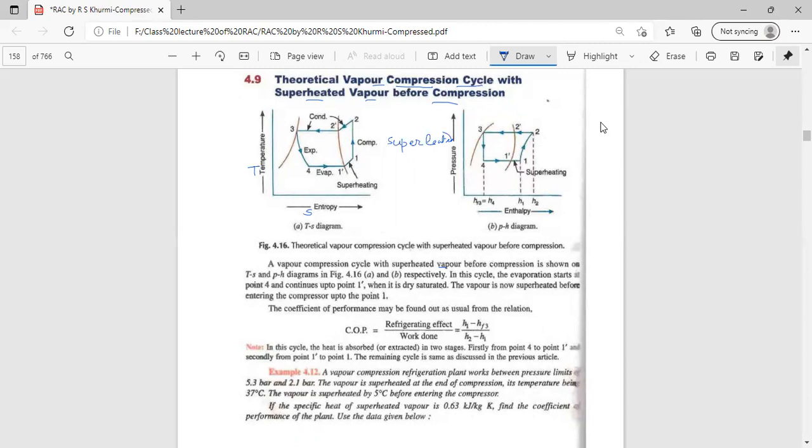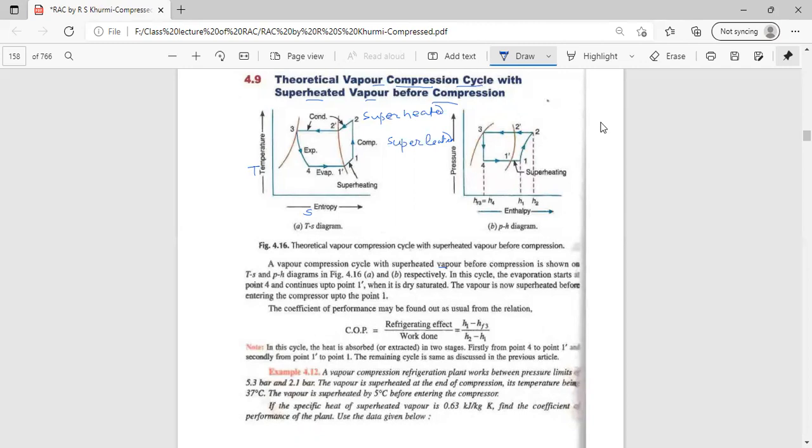At point 1, formerly the vapor was entering in the dry saturated state. Now it enters the compressor in a superheated state and exits the compressor in a superheated state again.